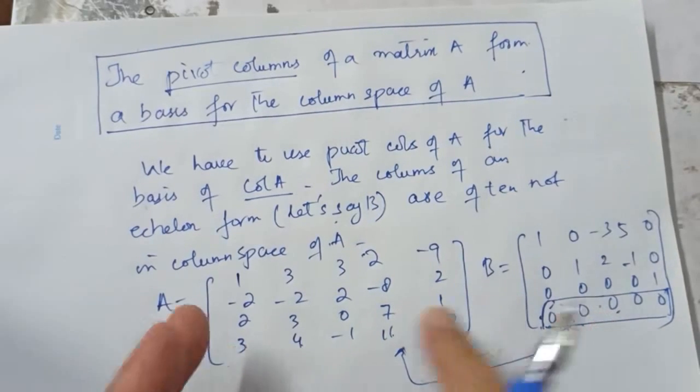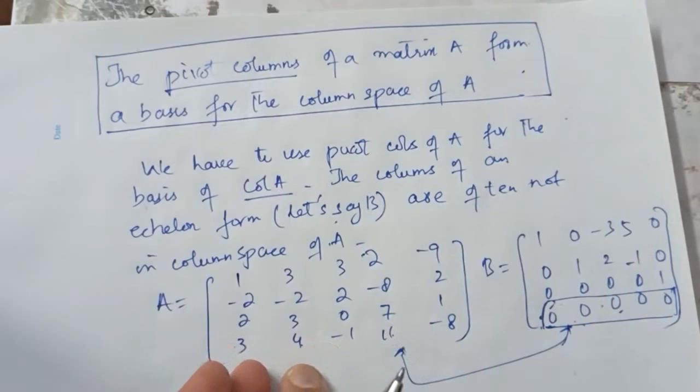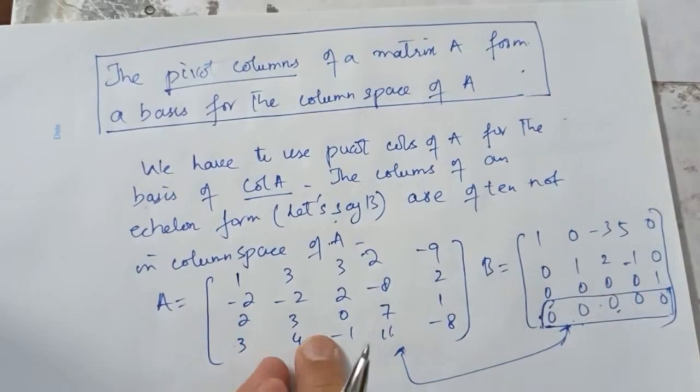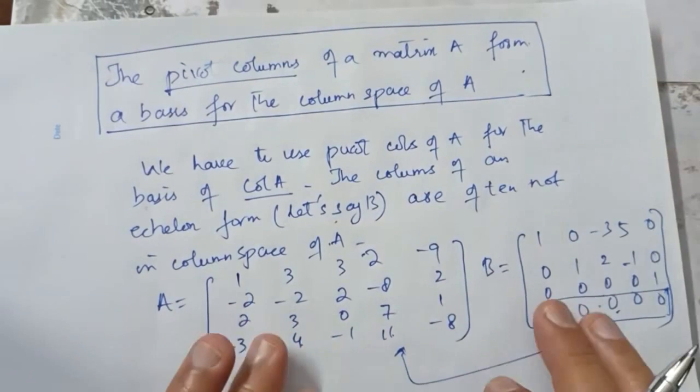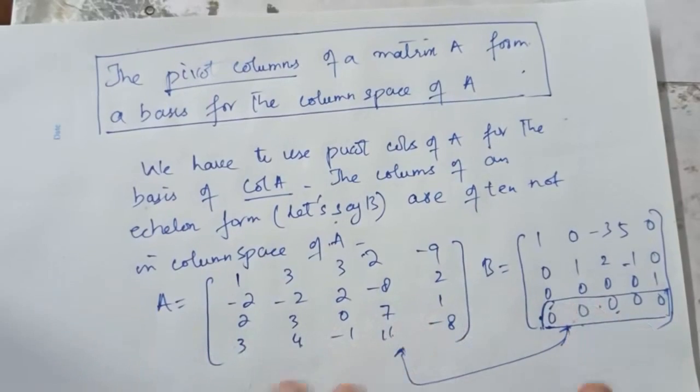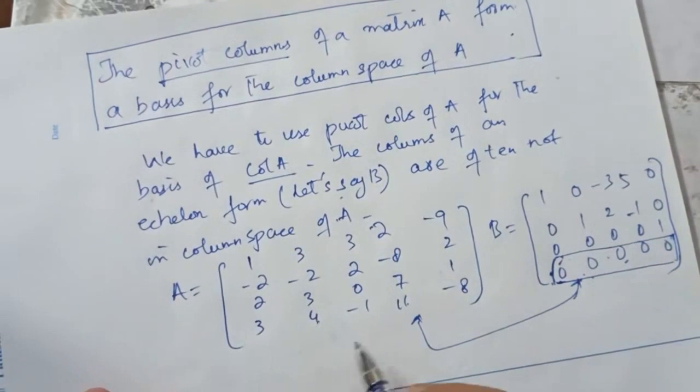So it cannot actually generate the vectors in A. If you choose the pivot columns as the basis, this is much better. So you have to be really careful about that.